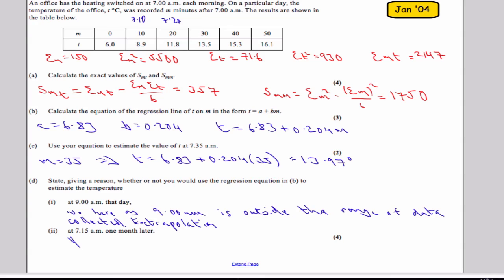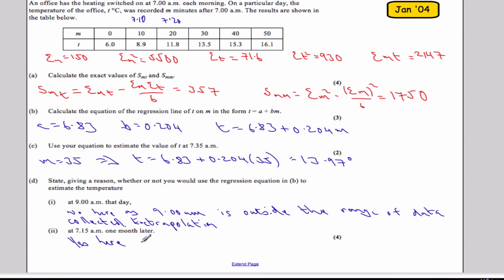And 7:15 a.m. 1 month later. Let's just have a look at this. 1 month later. I suppose it would be okay to use this. Yes.